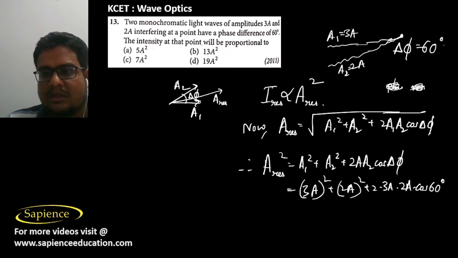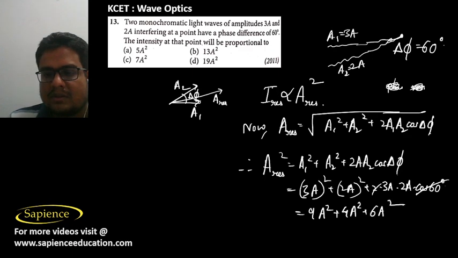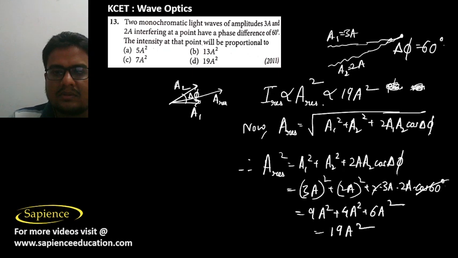Cos 60 degree is half. So this is 9a square plus 4a square plus 6a square, which is 19a square. So the resultant intensity is proportional to 19a square. Option D is the correct answer.